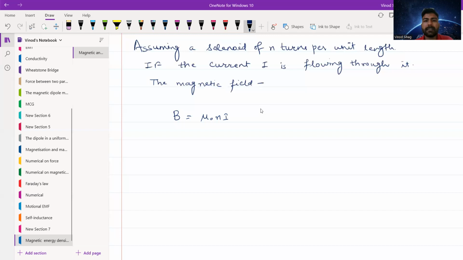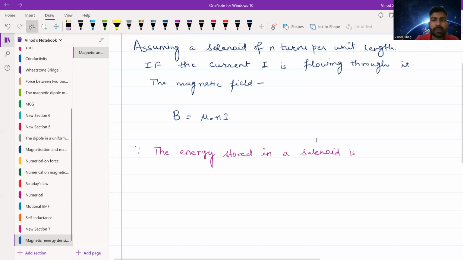And as we know, the energy stored in a solenoid is, what is the energy stored in a solenoid?